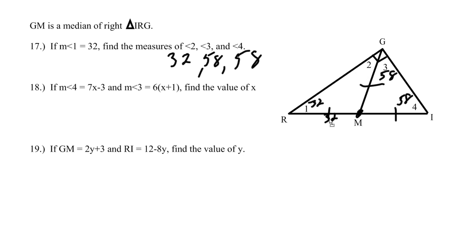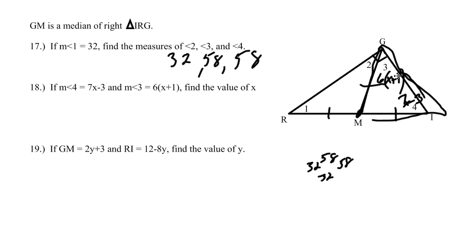The next one, we have angle 4 is 7x minus 3. And angle 3 is 6 times x plus 1. Find x. Well, we just got done saying that we had an isosceles triangle here.